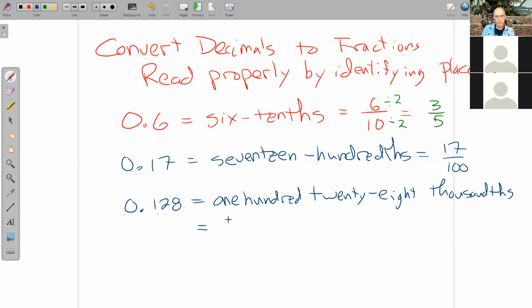Or in fraction form, instead of words, 128 over 1000. And again, sometimes these reduce, sometimes they don't. So we could reduce that if we wanted to.